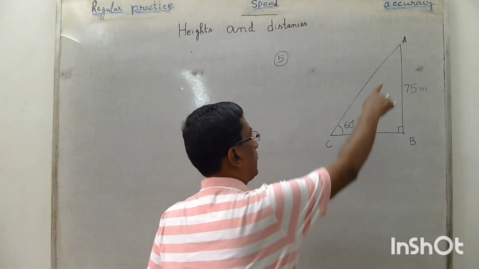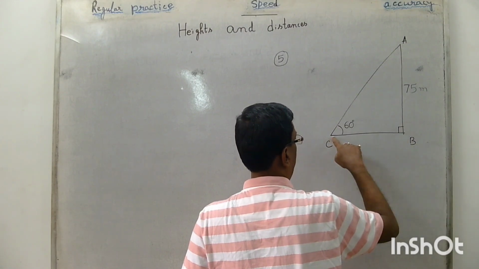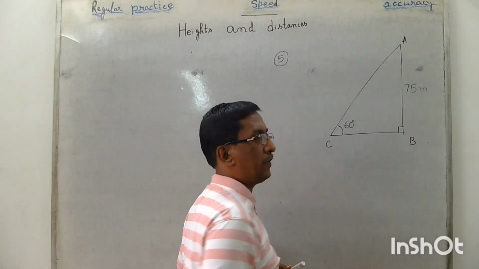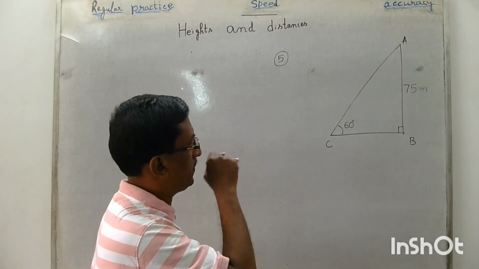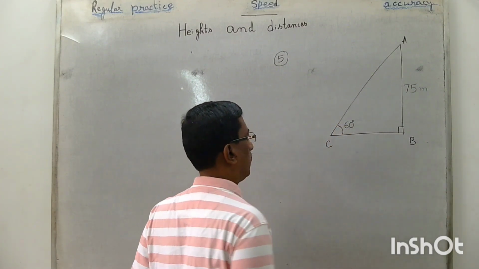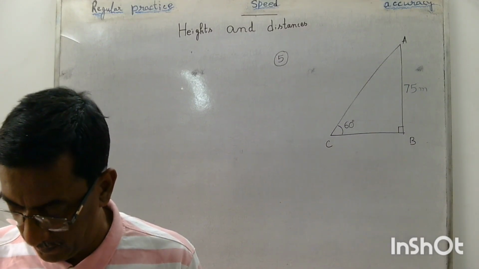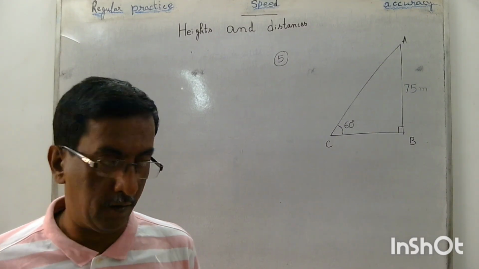The kite is at the point A, it is 75 meter above the ground, and this is AC, the length of the string. It is making an angle of 60 degrees with the horizontal ground. Find the length of the string to the nearest meter.